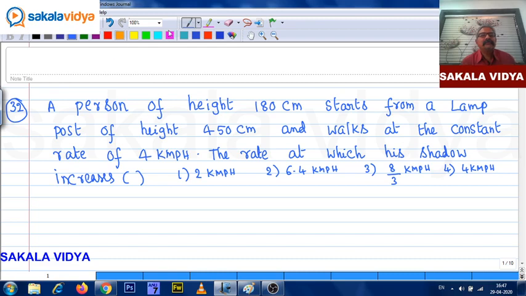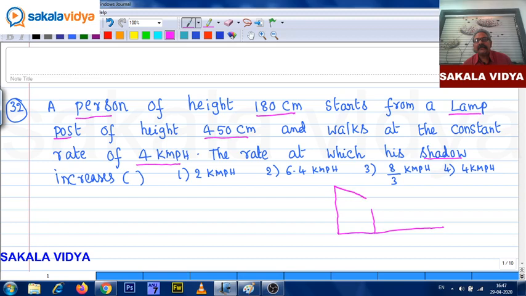So this is the problem. A person of height 180 centimeters starts from a lamp post of height 450 centimeters, walks at the constant rate of 4 kmph. The rate at which his shadow increases. So that means, for example, this is the lamp post. So person is walking like this, it's moving.